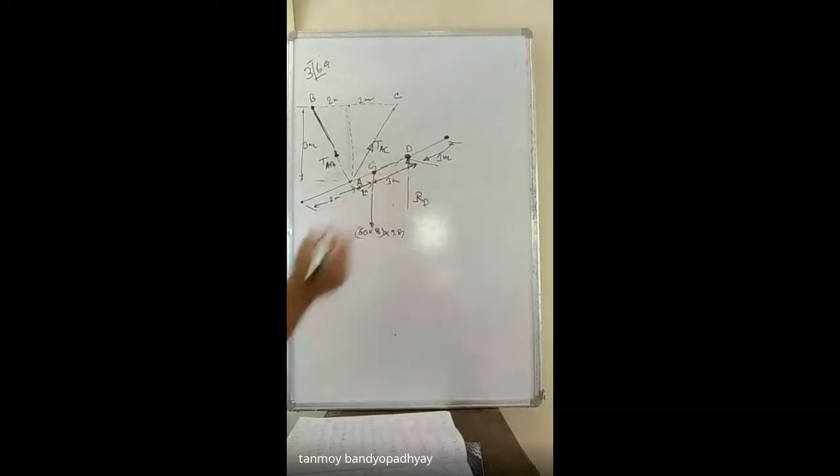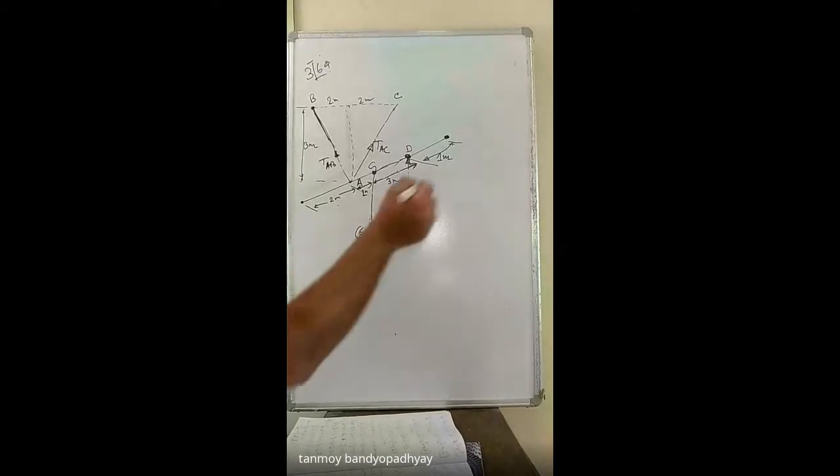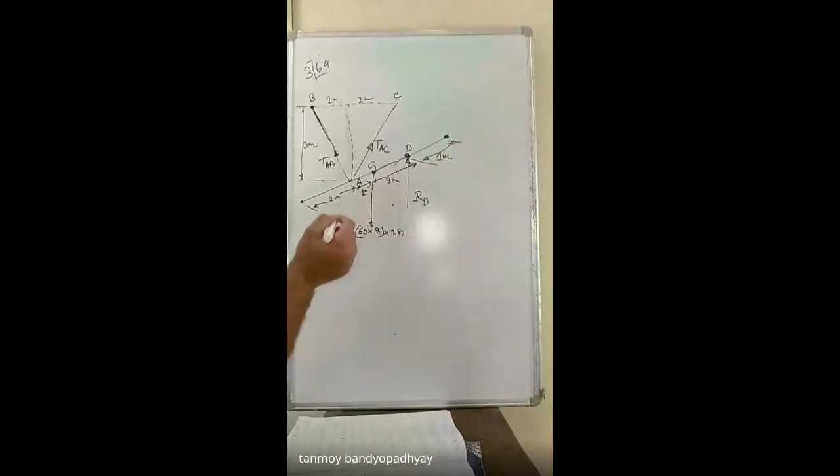So this is the point G, or the centroid of the beam, actually the center of gravity of the beam, from where the weight of the beam is acting downwards. It's a free body diagram in 3D that I have drawn. I hope this is enough for us to understand and write down the equations of equilibrium and all.